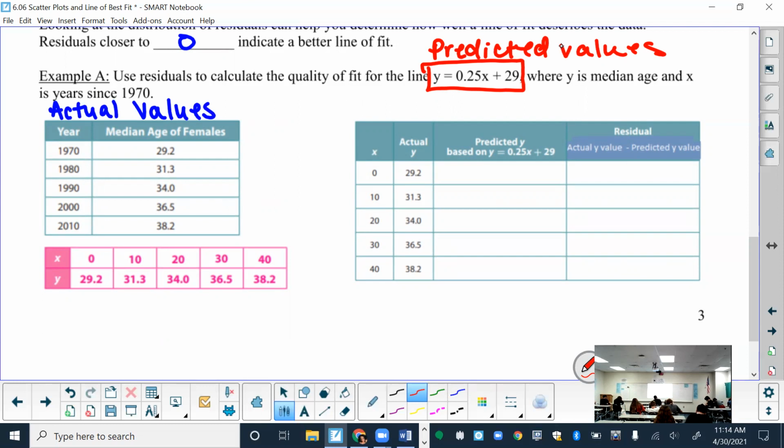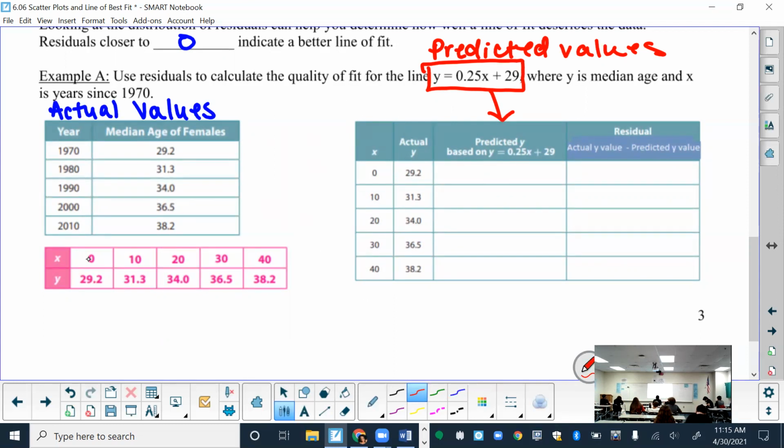All right, so we're going to calculate the residuals, but first I need to figure out what my predicted values are. So how do you think we can figure that out? Maybe if I plug in the same x values that they have, I can compare them.